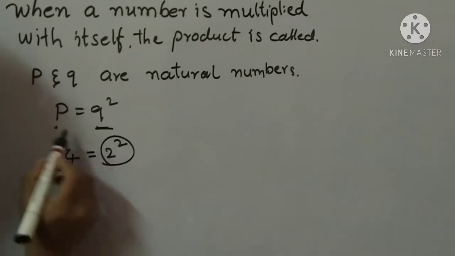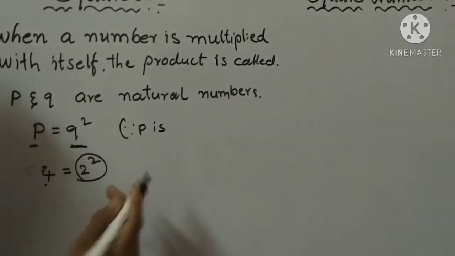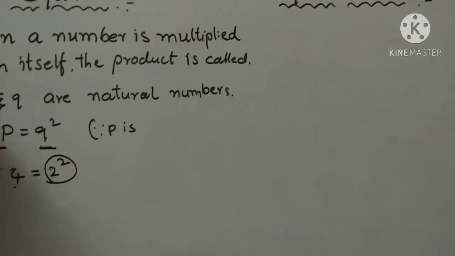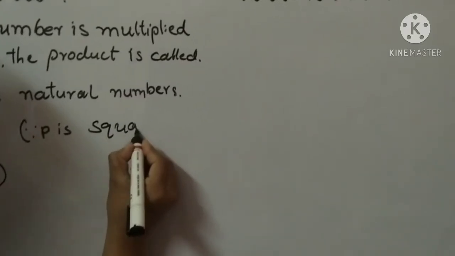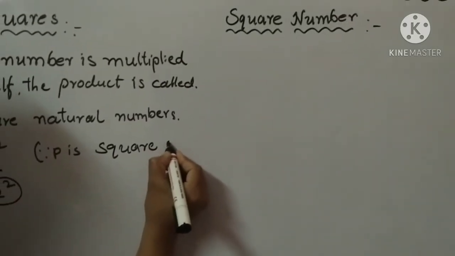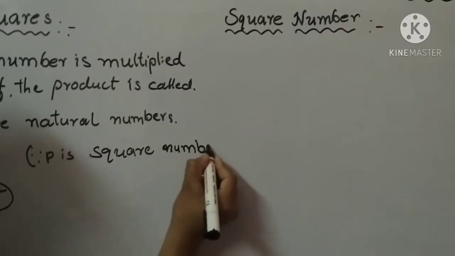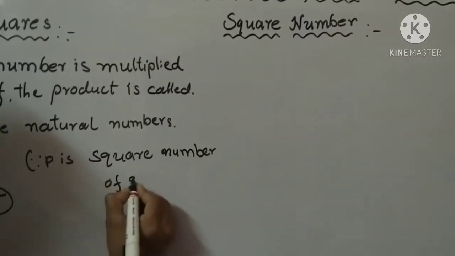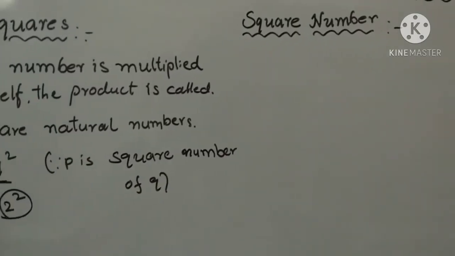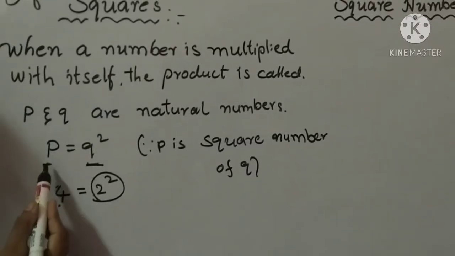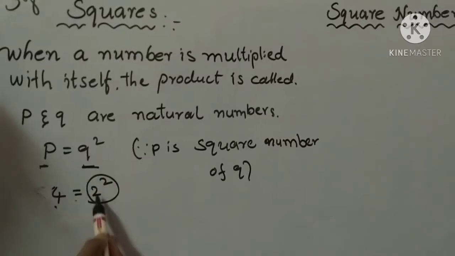Here P is 4, and P is the square of the number Q, which is 2.